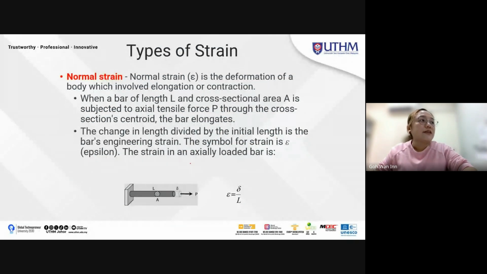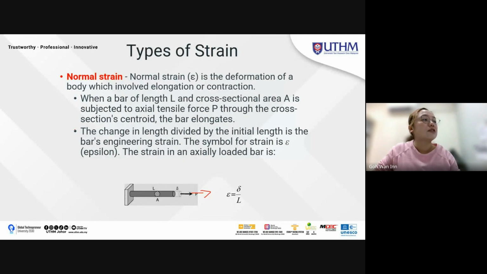So for normal strain, it is the deformation of a body which involves elongation or contractions. When a bar of length L and cross-sectional area A is subjected to axial tensile force P, when you pull it, it will elongate. Elongation will happen.